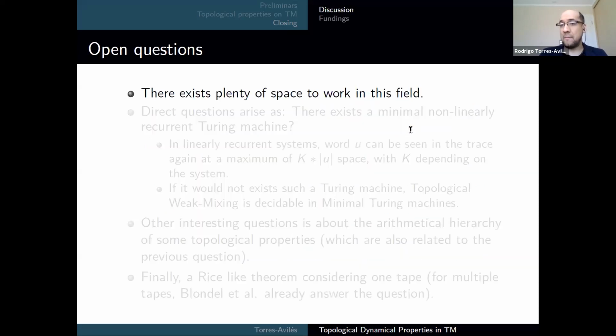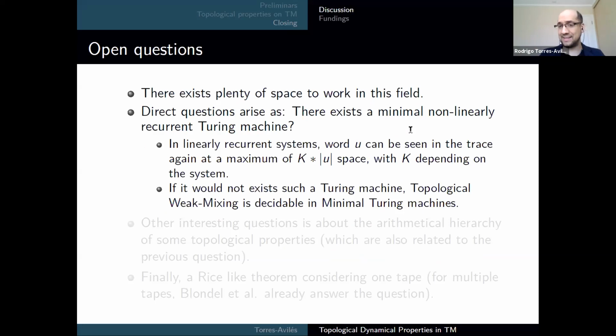There exists plenty of work left in this field of research. An example of a question that arises is whether there exists a minimal but non-linearly recurrent Turing machine. That is, in the trace, every possible word is found at most at a time that depends linearly on the size of the word.